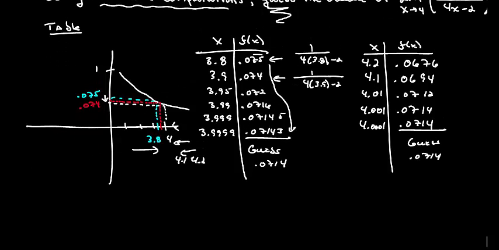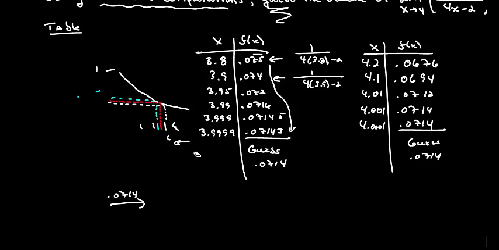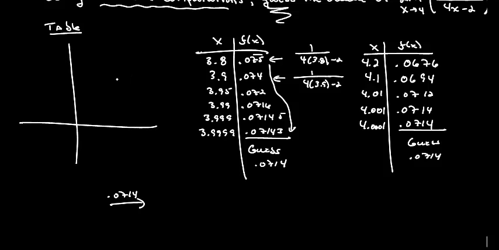Now here's the thing about the limits. As you come in from the left, we approach 0.0714 for the height values. As we come in from this side, let me actually draw out a better picture here for you so you can see these guys a little bit more closely. So here's 4. Let's say here is 3.8, 3.9, so on and so forth, 3.95.